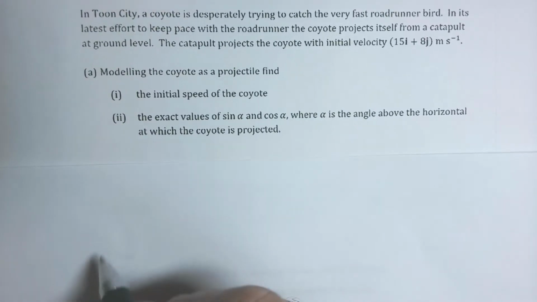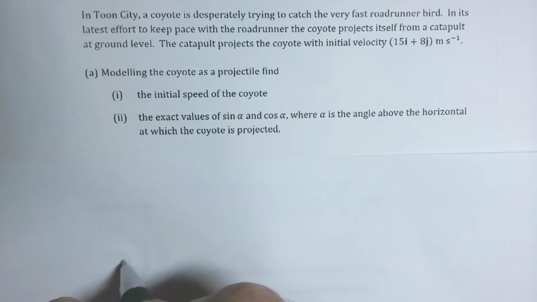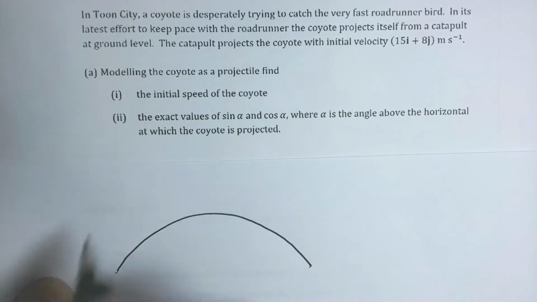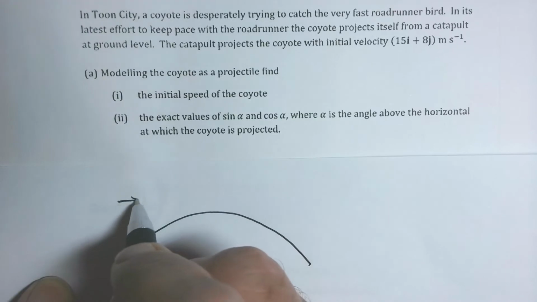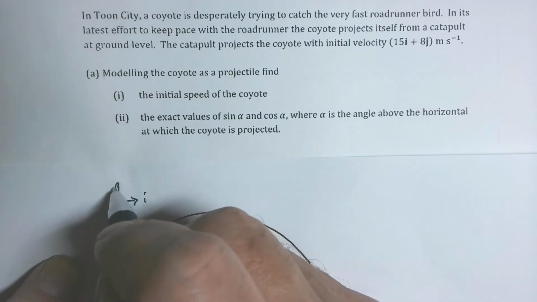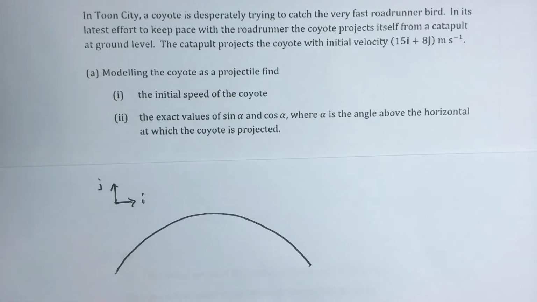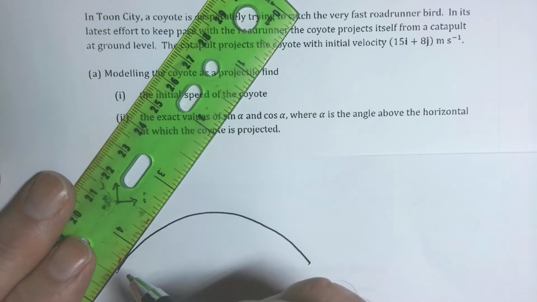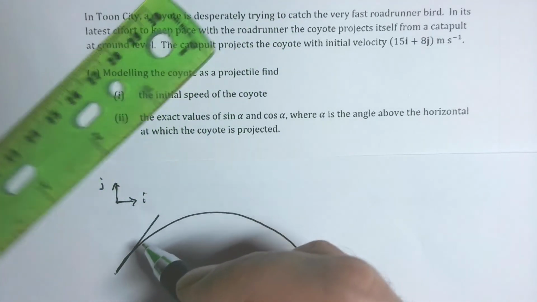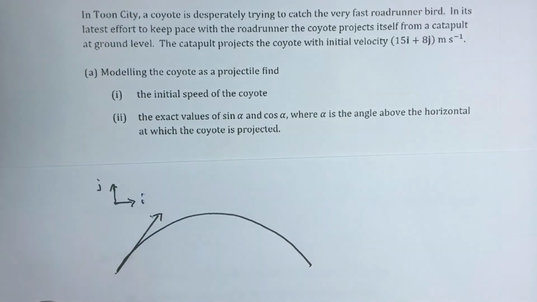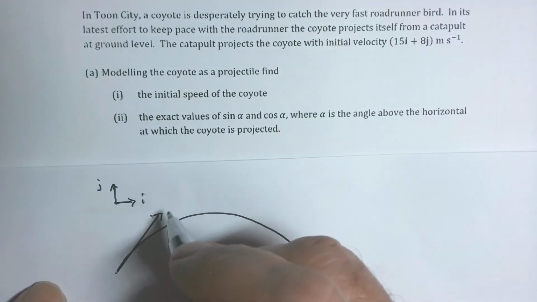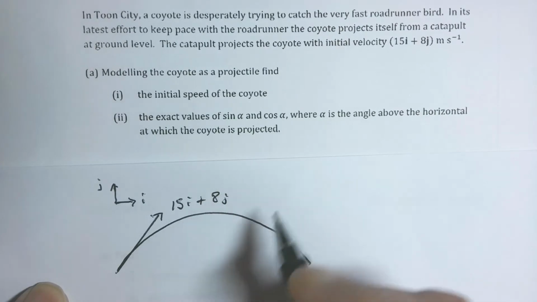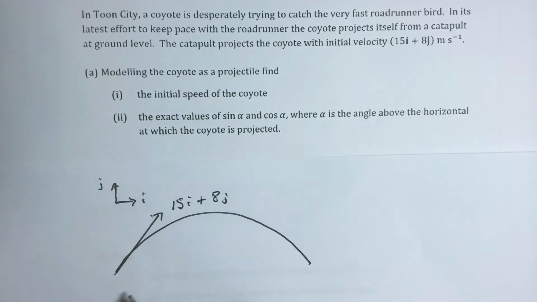If we've got a projectile and I choose the i and j directions to be like this, then our initial velocity is modelled as a vector, which is 15i plus 8j, in meters per second. This is the velocity of this projectile.